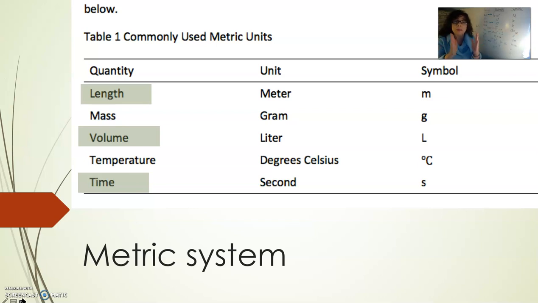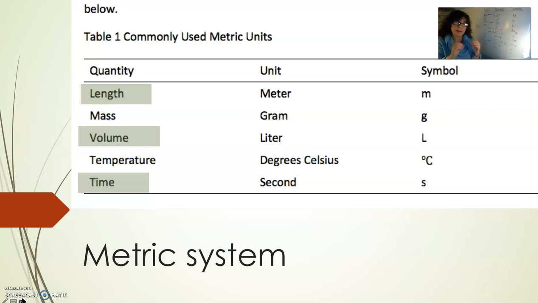But in meters, you have 1,000 meters in a kilometer. So it's just 1 meter times 10 to the third, 1,000, equals a kilometer. You're just moving that exponent back and forth as the numbers get larger.